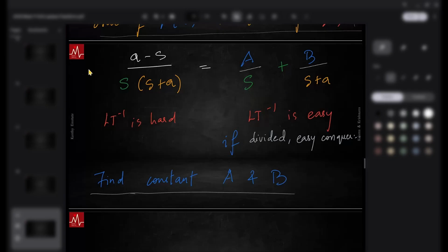Let's call this f of s. I don't know how many of you remember the trick used to find coefficients of Taylor series. We wanted to isolate one coefficient at a time, either by differentiating or setting a specific value, or differentiating and setting a value, something like that. We used a trick. We are going to do the same trick right now.